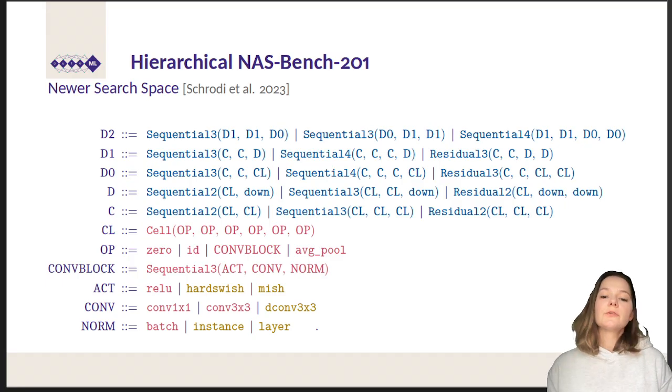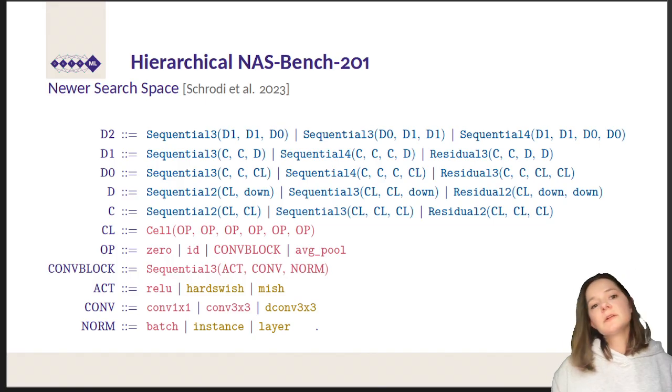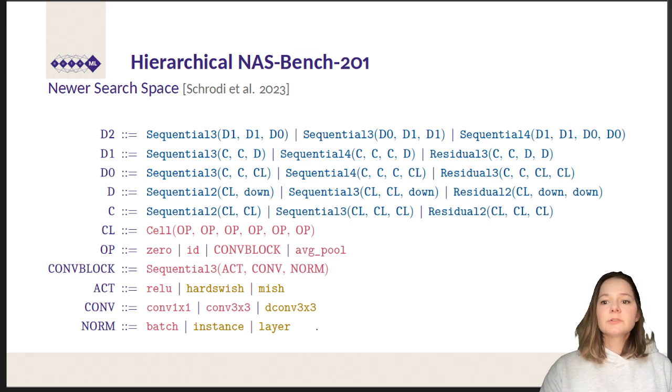Here we search for the activation as well as the normalization all together with the block as well as the macro topology. So here the blue parts are the non-terminals, which construct the macro topology with flexible spatial resolution and also allow for multiple branches.